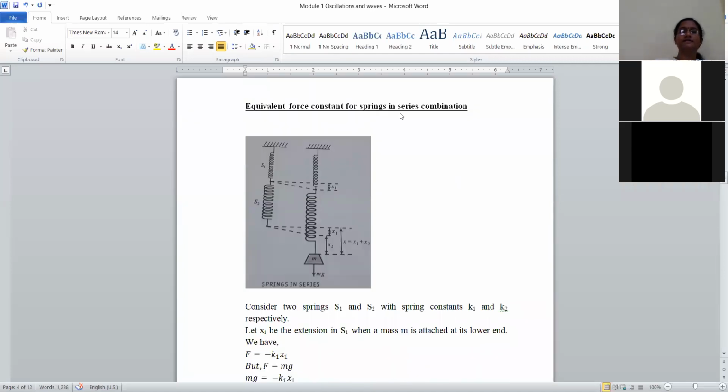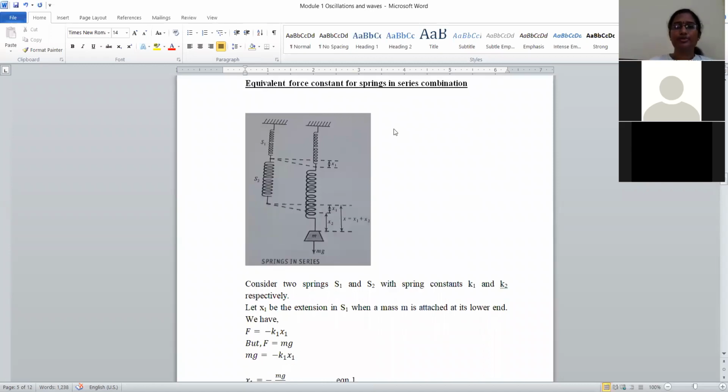So now we shall discuss the equivalent force constant for springs in series combination. In our previous discussions, only one spring was there. The mass was suspended by a single spring. Now we consider a combination of two springs.